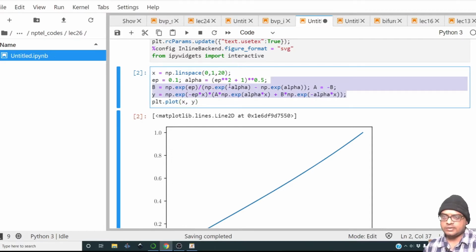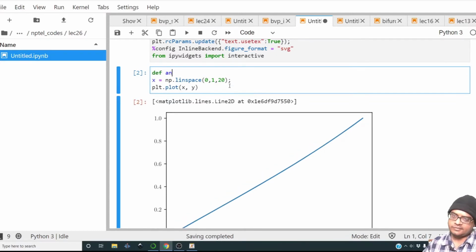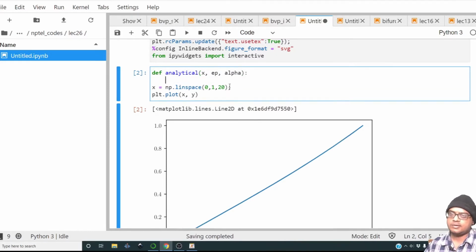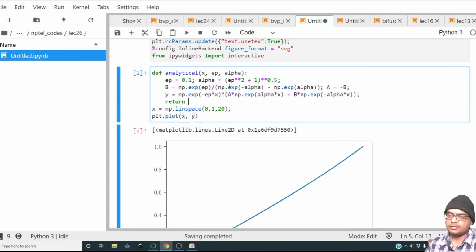So I'll take this whole lot, def analytical, and it will take the input x, epsilon and alpha, and it will evaluate all this, and finally return y.